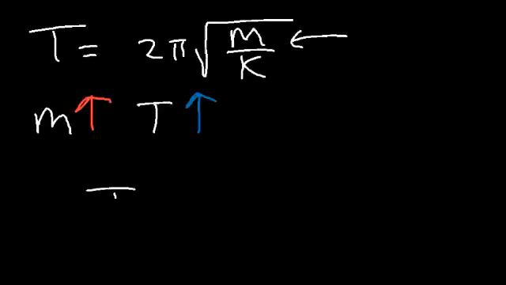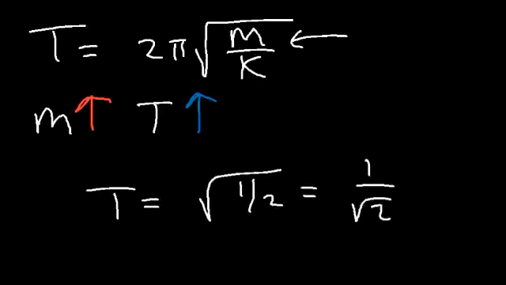What if you reduce the mass by 1/2? The square root of 1/2 is 1 over root 2, that's root 2 over 2. So the period will increase, well actually, it's going to decrease by root 2 over 2. That's about 0.707, so it's going to be 70% of its value.